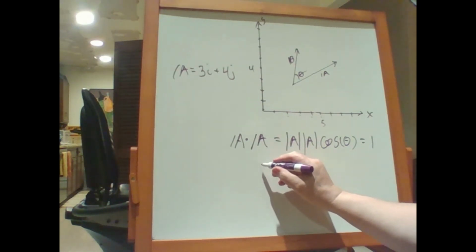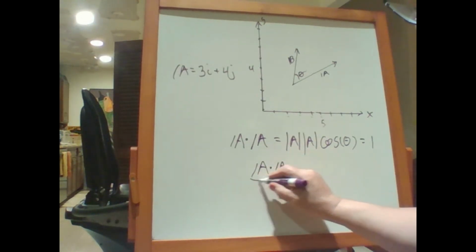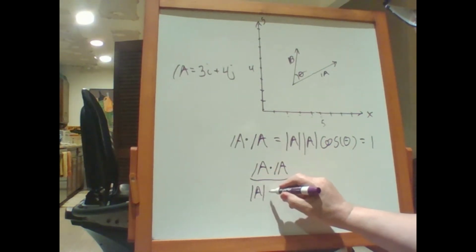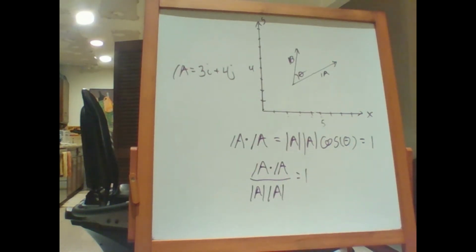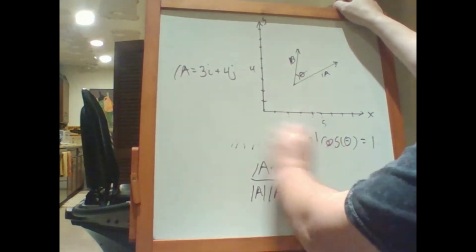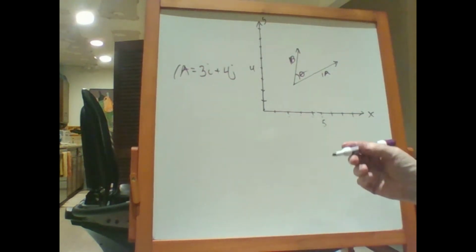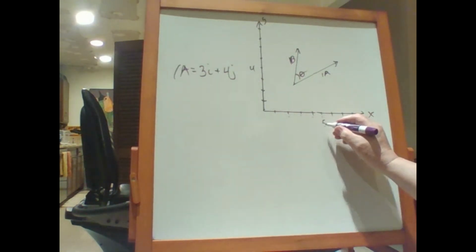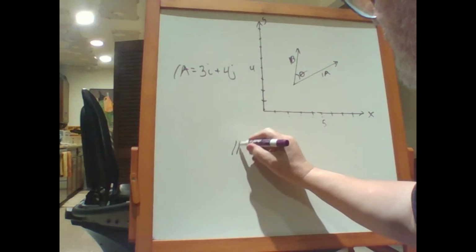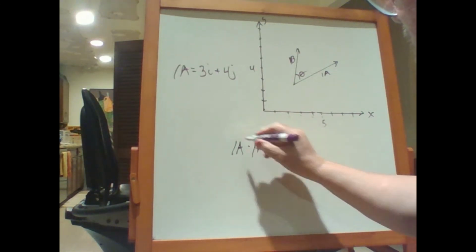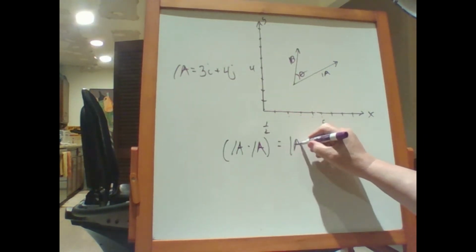So A dot A over the magnitude of A times the magnitude of A equals 1. Now, if we want the magnitude of a vector, we can say that A dot A to the half power is equal to the magnitude of A.